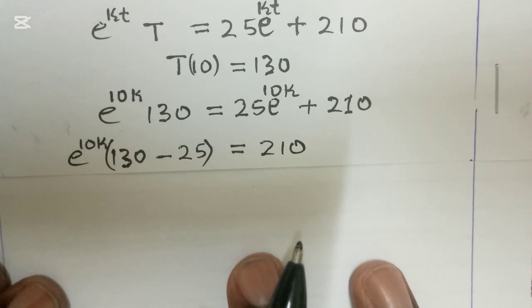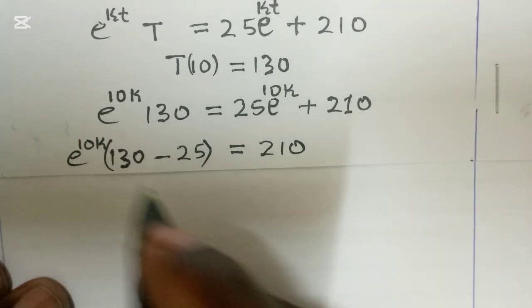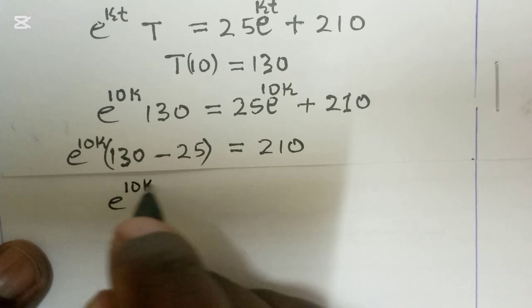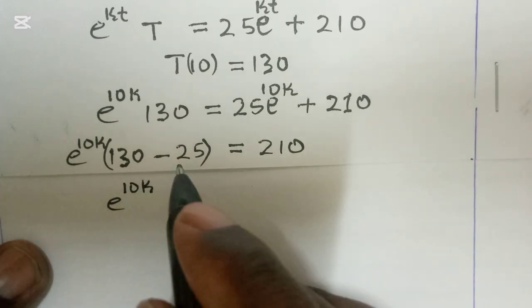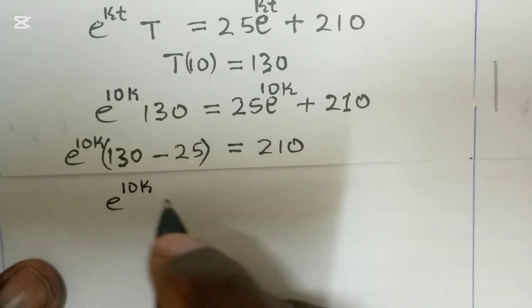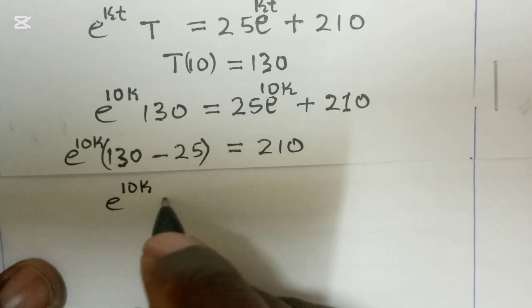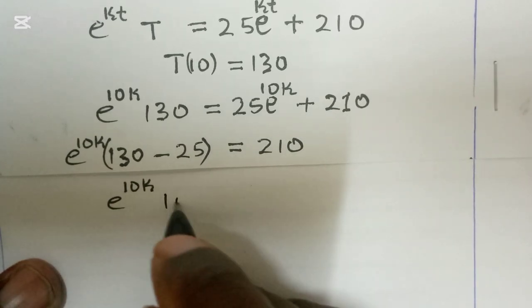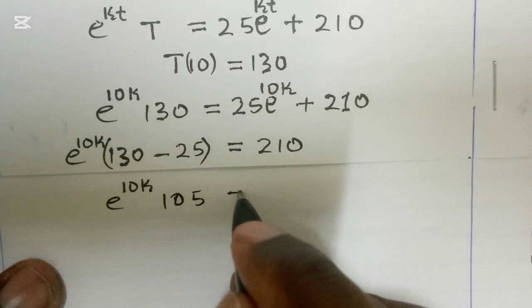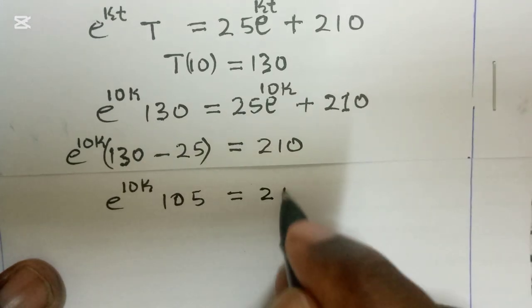From there, guys, we shall see that e raised to 10k multiplied by 130 minus 25, which is now 105, is equal to 210.